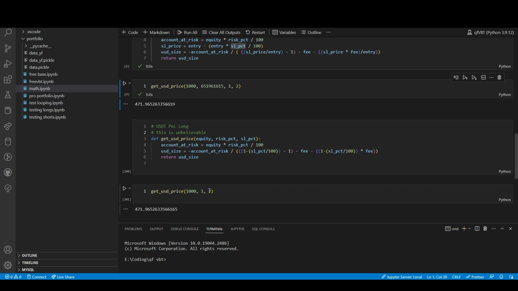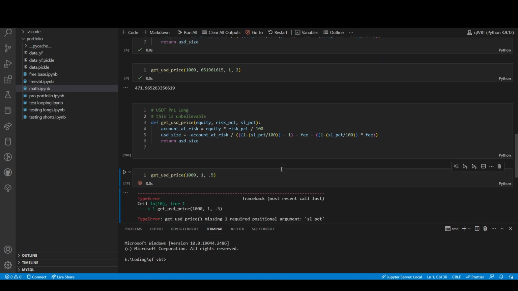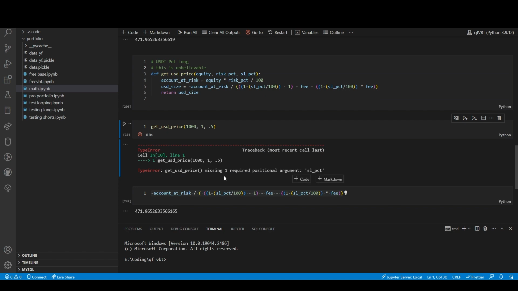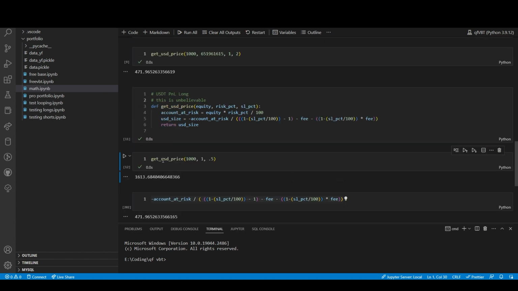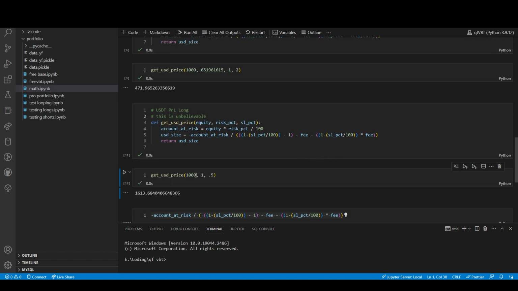You should use this. So if you want to use a 0.5% stop loss, oh, I have to define this. You have to use a size of 1,613, and so on from there.